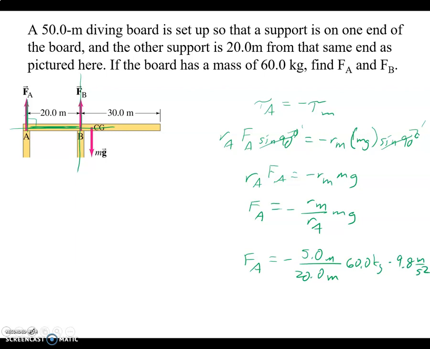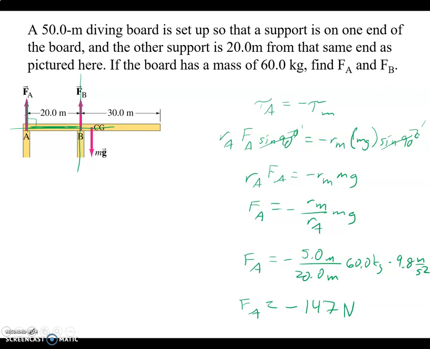And g is, of course, just 9.8. So pull out your calculator. And what do you get for force A? You get negative 5 divided by 20, and then you multiply that, whatever it comes out to be, by 60 times 9.8. You get a solution of negative 147 newtons.